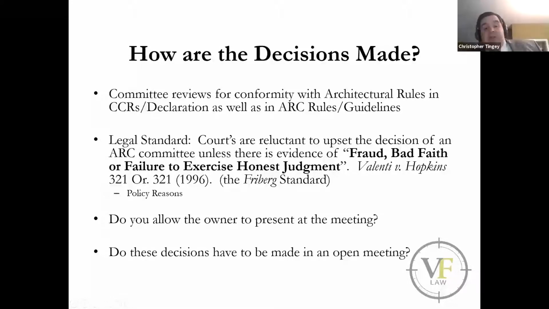But if you're going to make variances, you need to be consistent in that. You can't treat people differently. You can treat people differently based on factors like, well, the location of your house right in the center of the neighborhood, it's not going to look as good as it would in a back corner of the neighborhood where it's hidden.